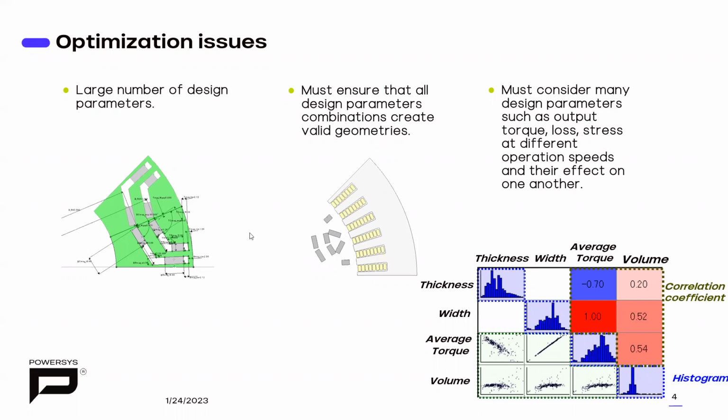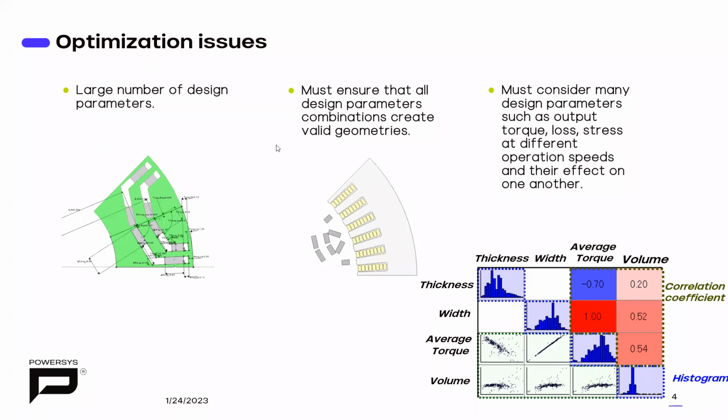So you will have also wide range for all those parameters, but maybe those wide range will make the shape collapse like that with some overlapping regions. And also we still have many outputs like torque, loss, stress, and different operating points to be considered.